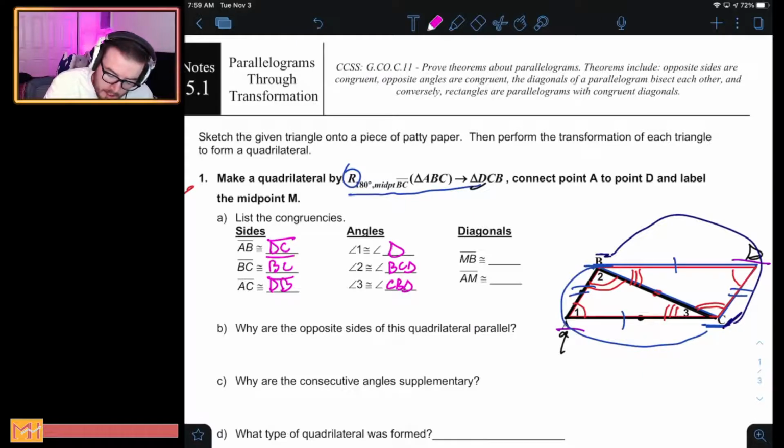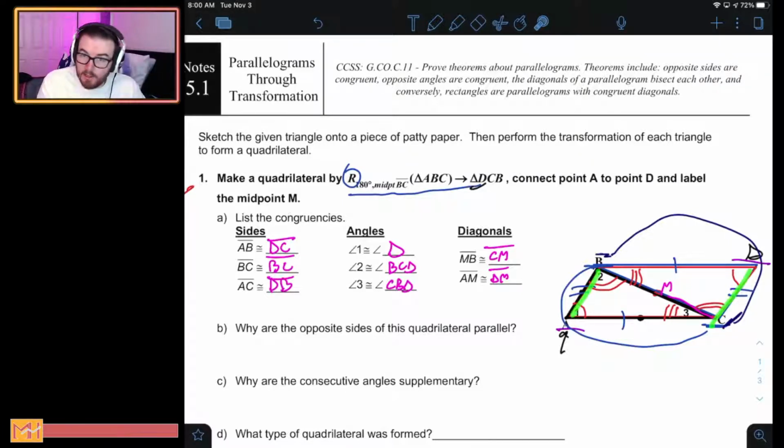And then we know that B to M, which is our midpoint, is going to be congruent to M to C, of course, because it is the midpoint after all. And then actually, something that happens is that A to M is the same as D to M. So soak that in, right?